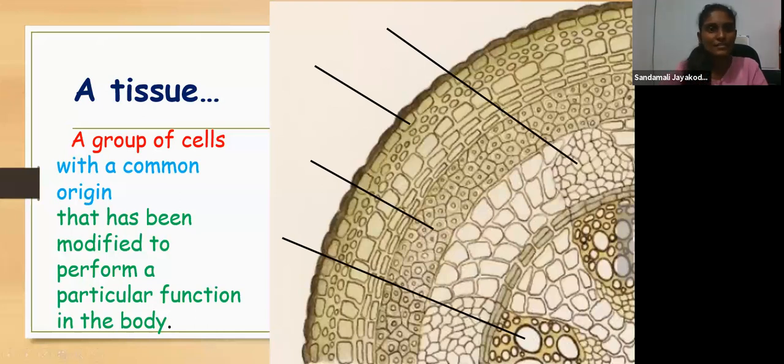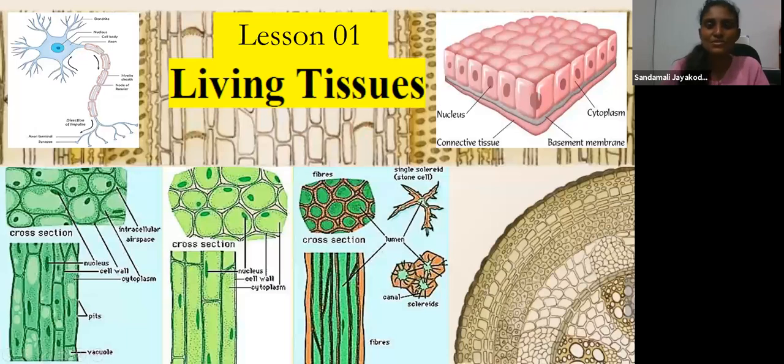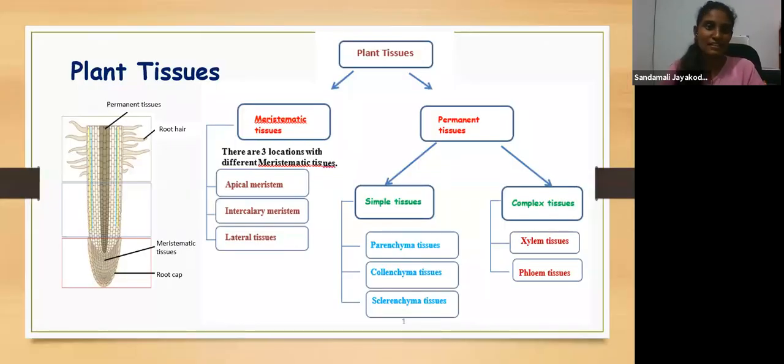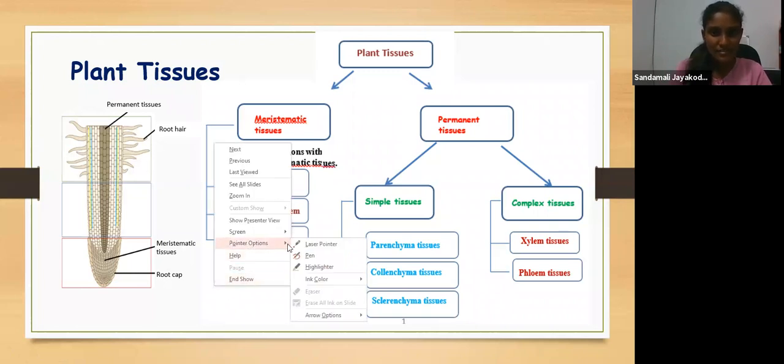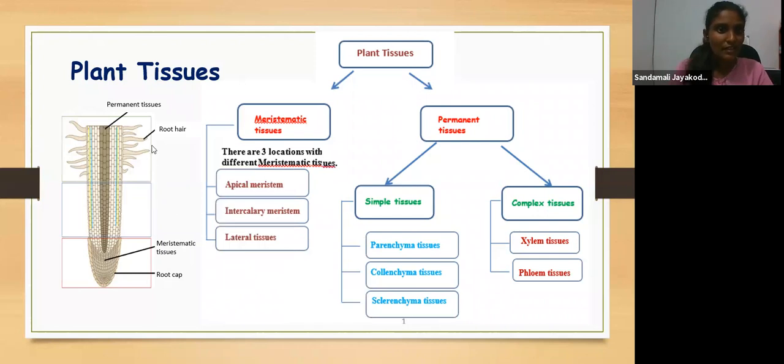Plant tissues are divided into two main groups depending on their ability to divide: meristematic tissues and permanent tissues. These can be identified in a shoot tip or a root tip once we have taken a section. In this diagram you can see which areas contain permanent tissues and meristematic tissues.